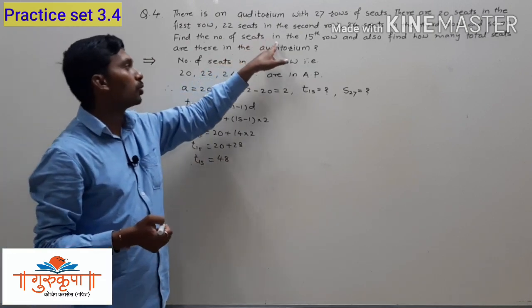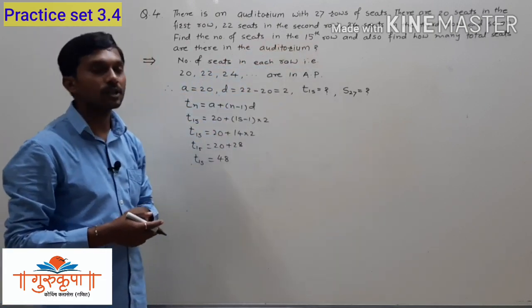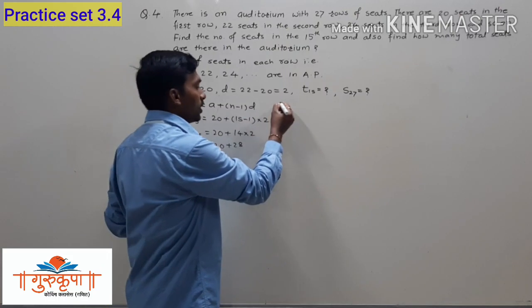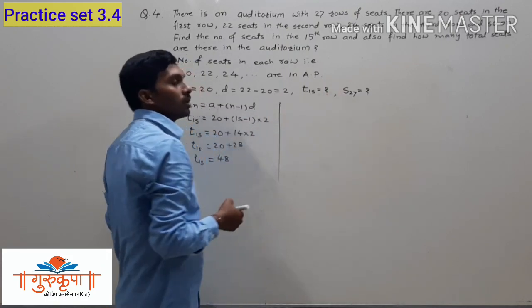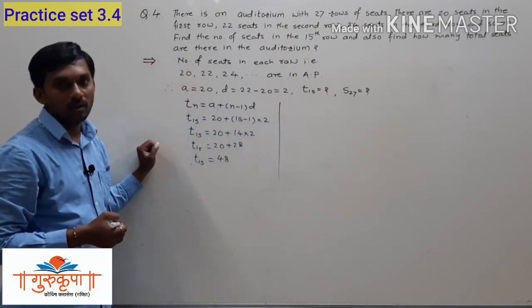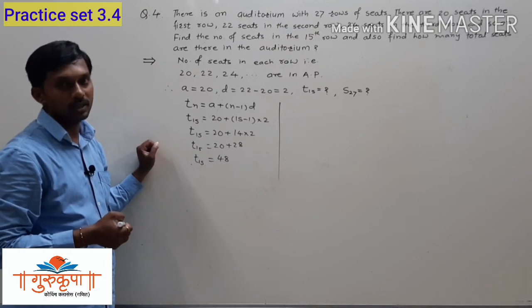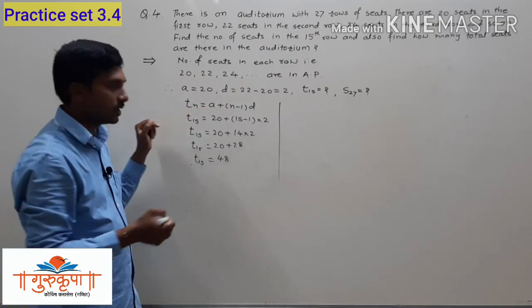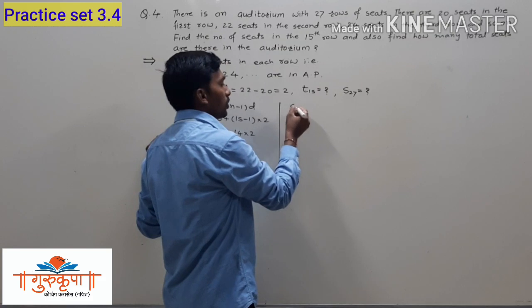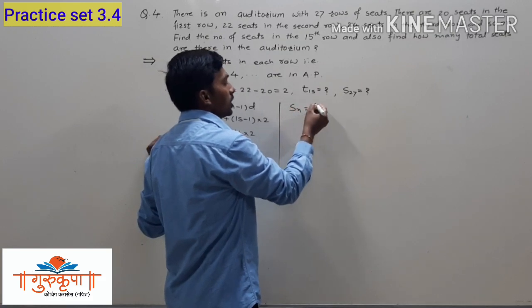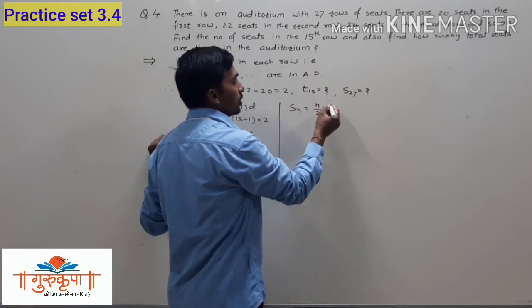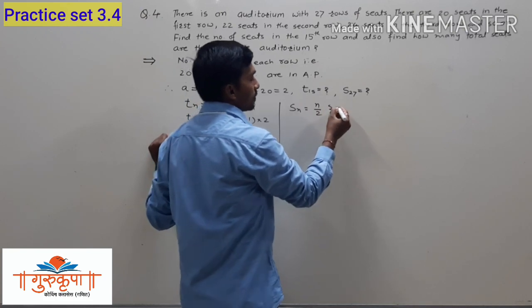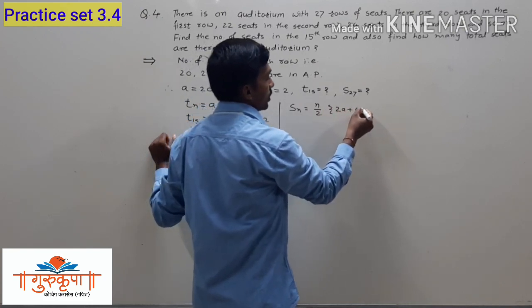There are 48 seats in the 15th row, and here we have to find the sum of all the seats in the auditorium, that is S27. So we write the formula for the sum of n terms: Sn is equal to n by 2 into (2a plus (n minus 1) into d).